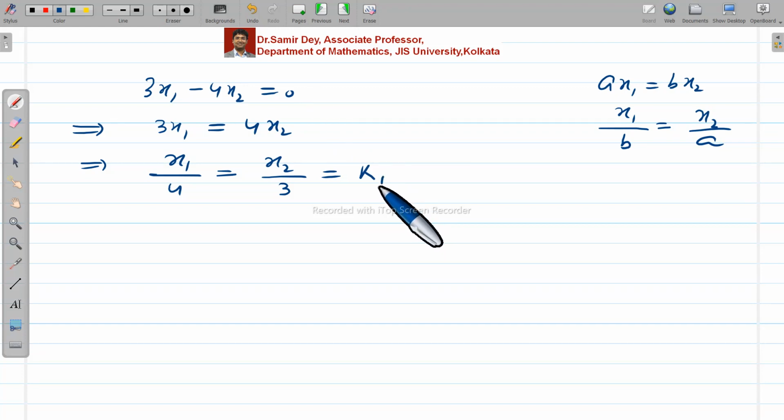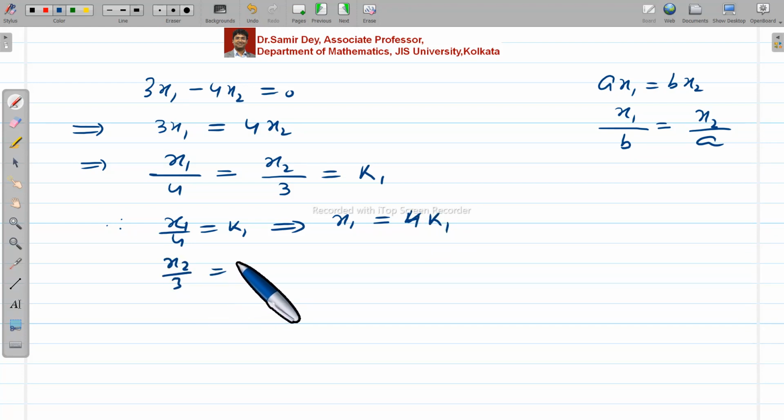That's why we are writing k1. So from here you may write x1 by 4 is equal to k1. This implies x1 is equal to 4k1, and x2 by 3 is equal to k1. So x2 is equal to 3k1.